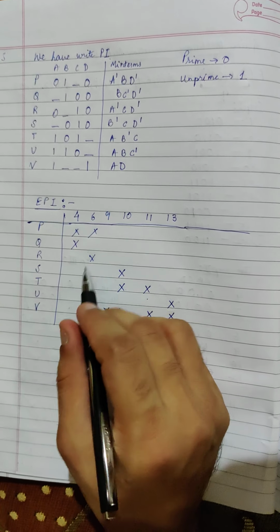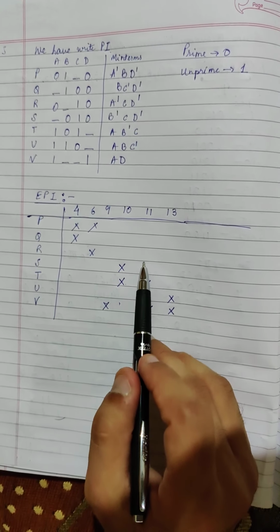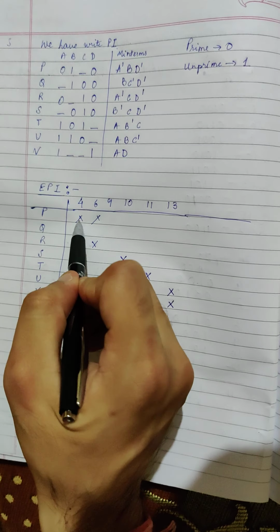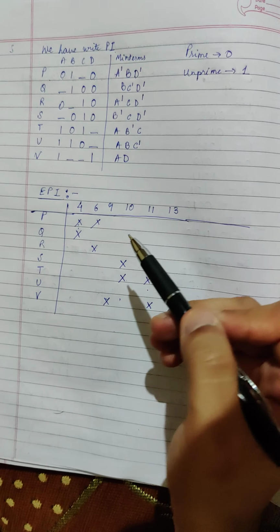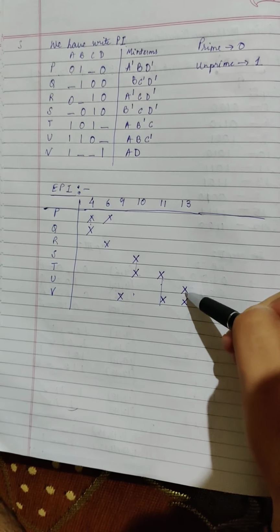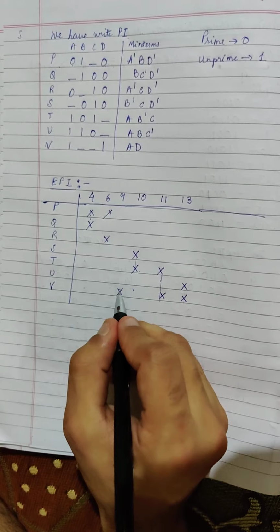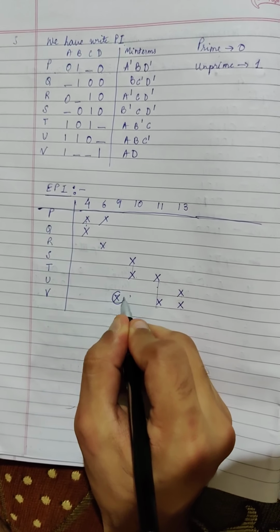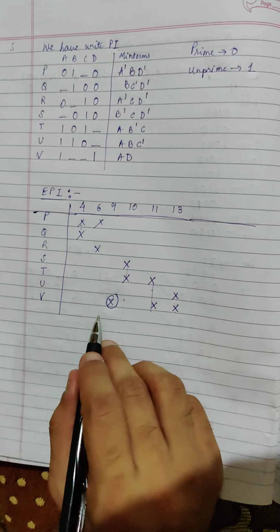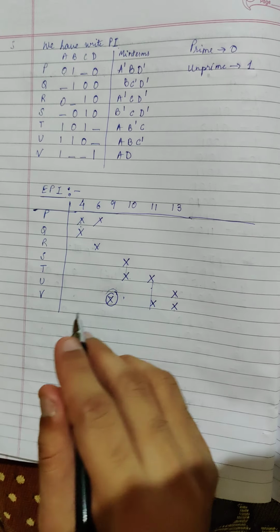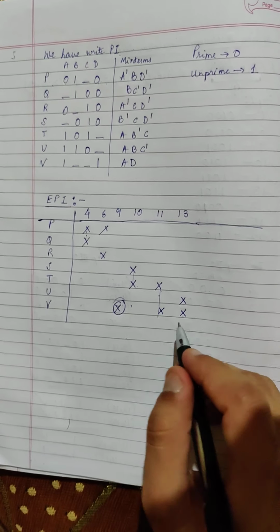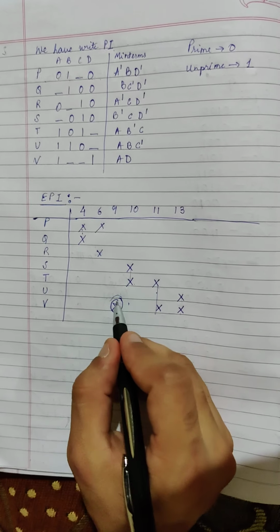Now after crossing all the things, we have to identify the single cross columns. So here 4 is a 2 cross column, 6 is also a 2 cross column, 10 is also a 2 cross, 11 is also a 2 cross, and 13 is also a 2 cross. Only one cross column we have, that is 9. So we circle it, and we don't have to consider the columns containing 2 crosses, and we mark it as our essential prime implicant.